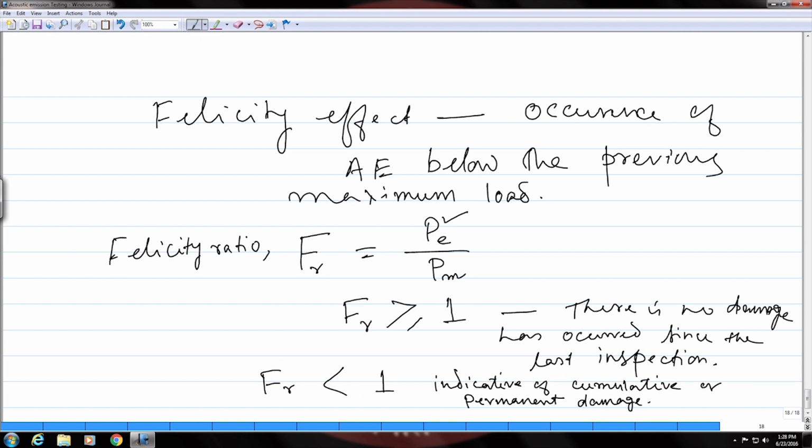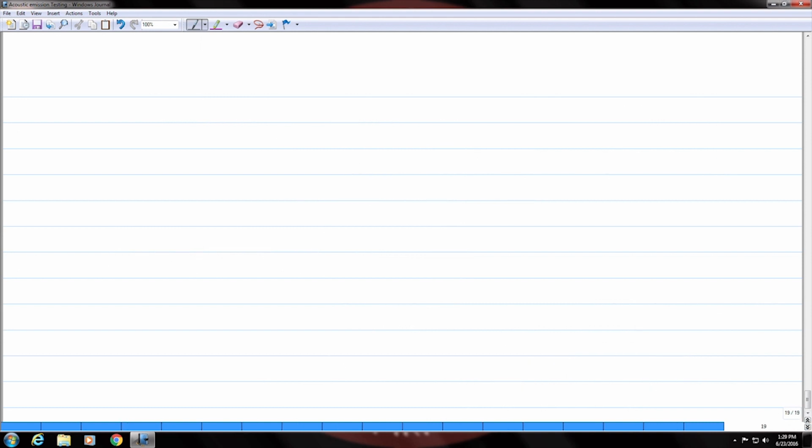This can also be represented graphically, as I am going to show you right now. So, this is about the load at which emissions occur. So, x axis is the load, and then you see the emissions coming out at a particular load.